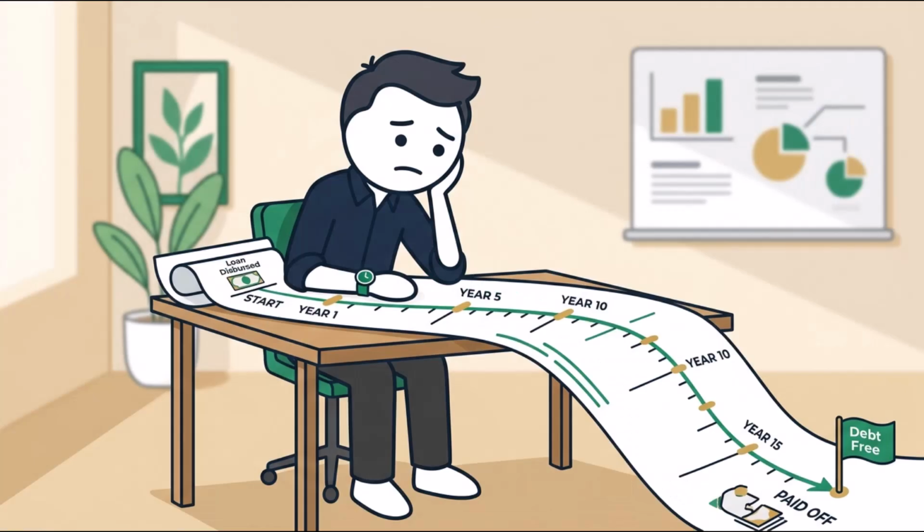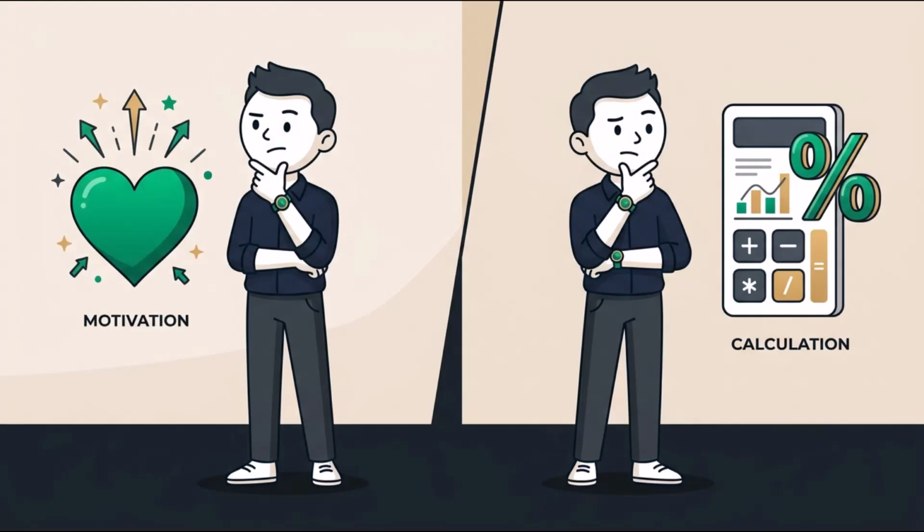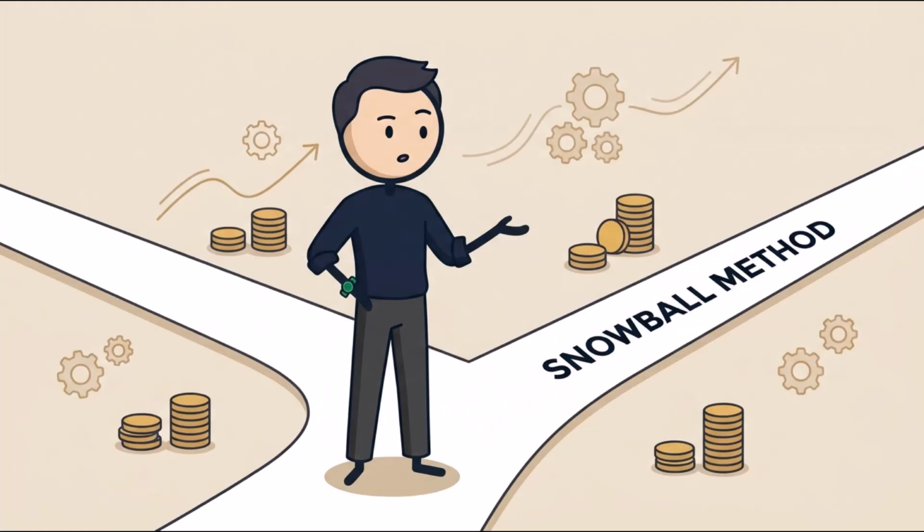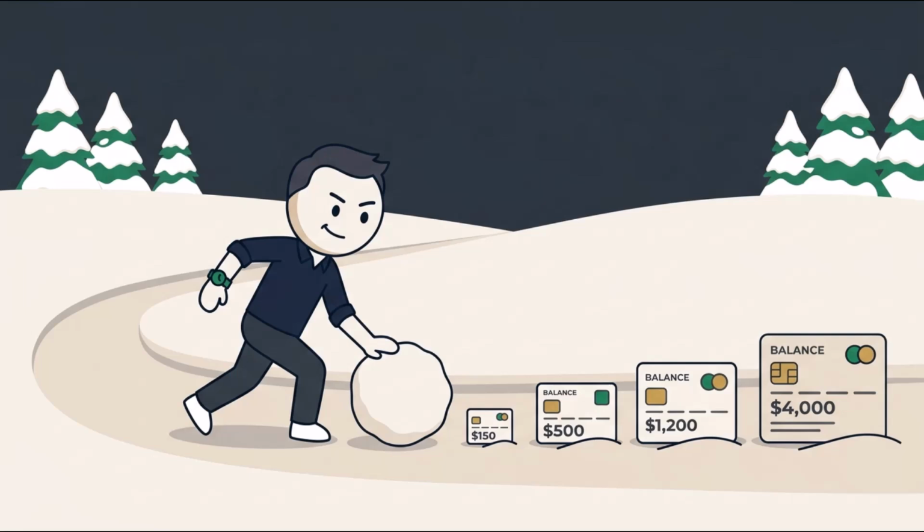But what if staying motivated is difficult? This is where behavior matters just as much as mathematics. The debt avalanche method is often financially efficient, but some people prefer the debt snowball method, which targets the smallest balance first.